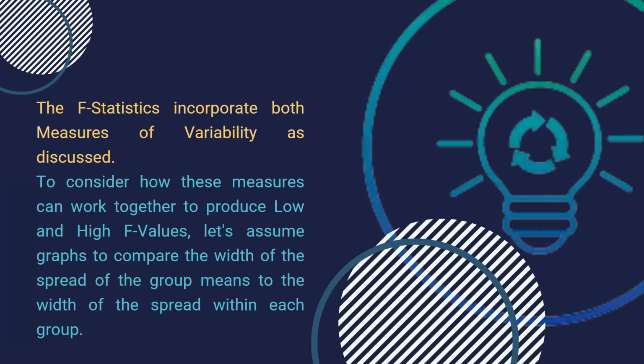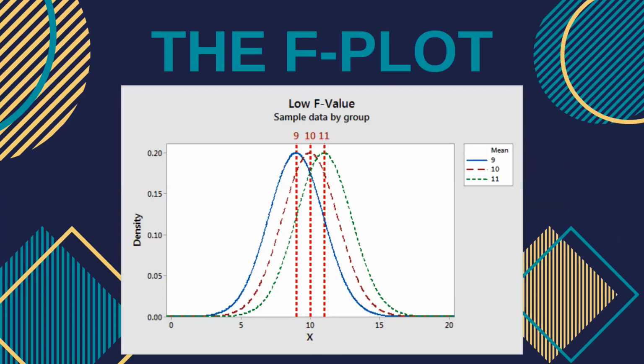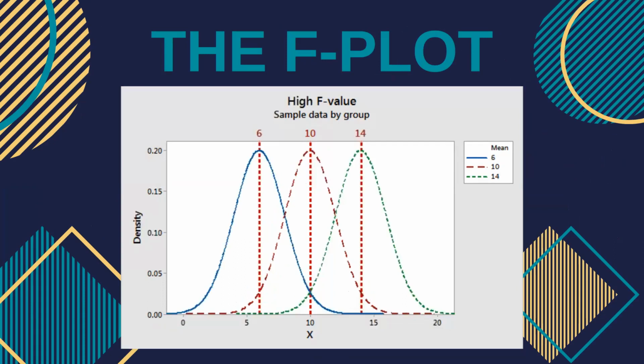To consider how these measures can work together to produce low and high F values, let's assume graphs to compare the width of the spread of the group means to the width of the spread within each group. This is the F plot depicting low F value. Three groups with three means are shown, and in comparison, this is an F plot depicting high F value.